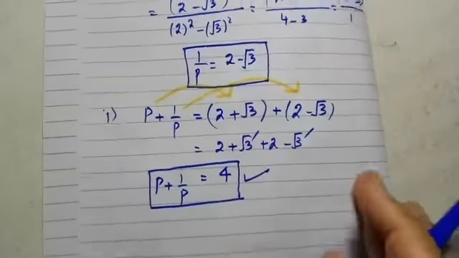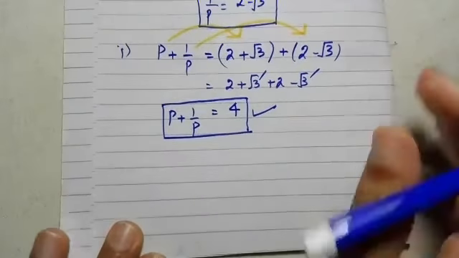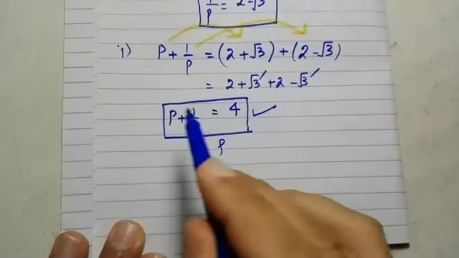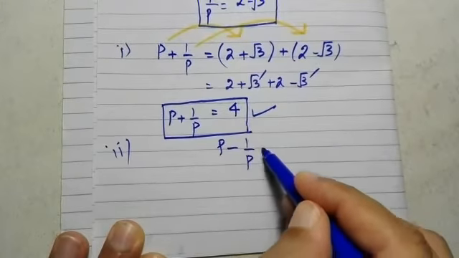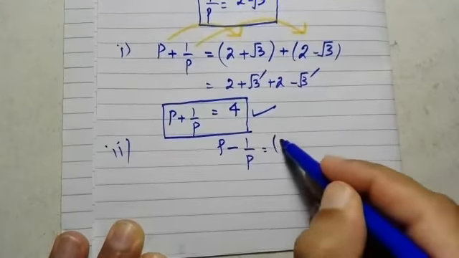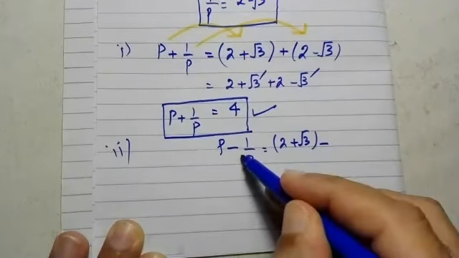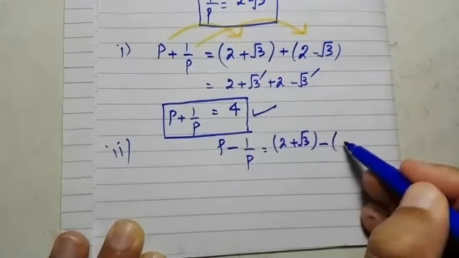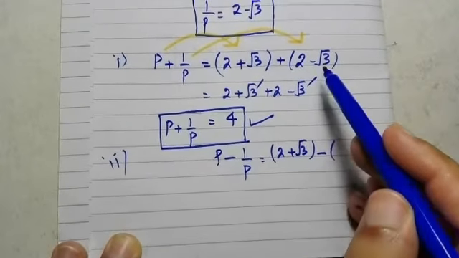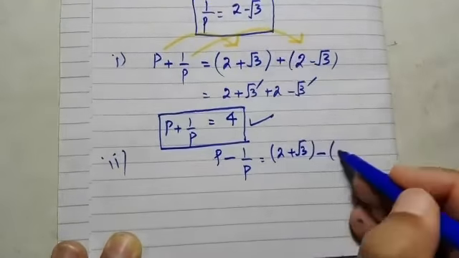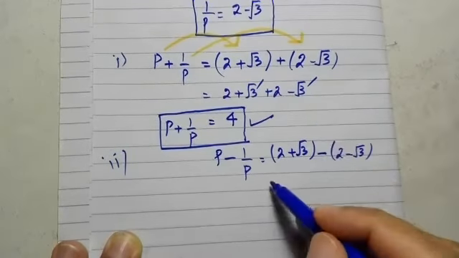Now the same for finding the value of p minus 1 over p. This is for the second part. In a very similar way, you will substitute the value of p. This is the value of p, minus sign because we now need subtraction, and 1 over p is the value we calculated just above. Put it into this term and open the brackets.